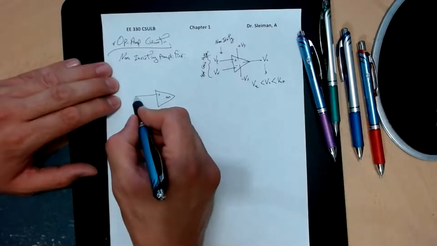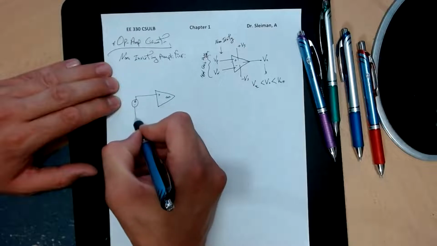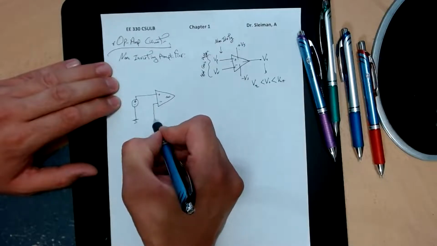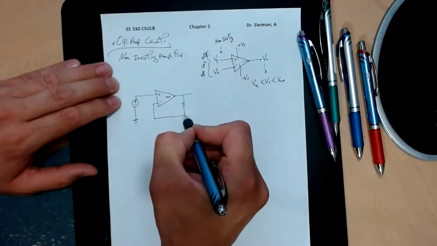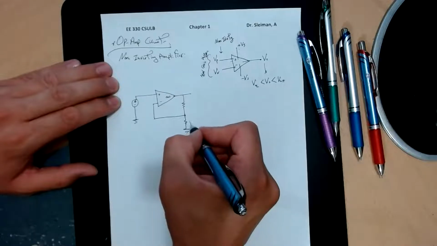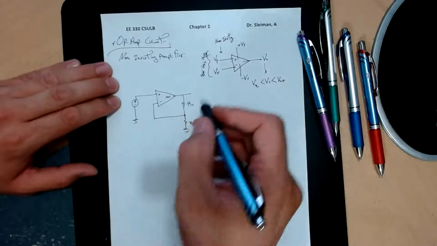So in case we introduce positive here, this is non-inverting, and the negative will go to the output. We have R1 here, R2 here.